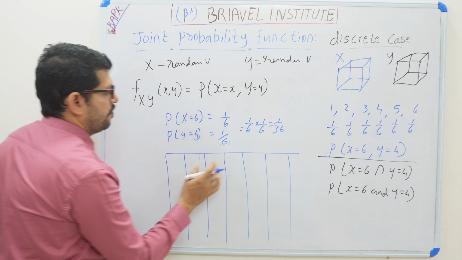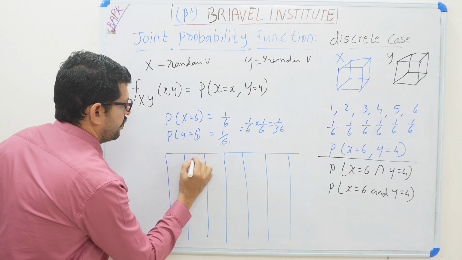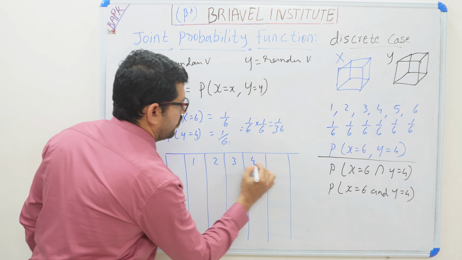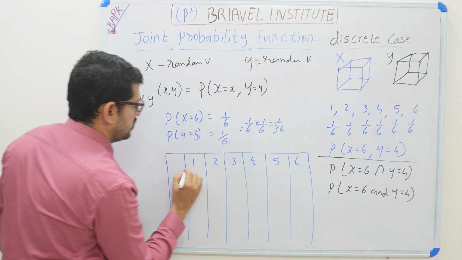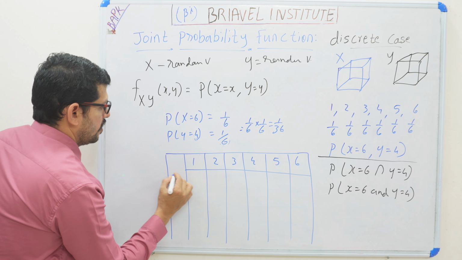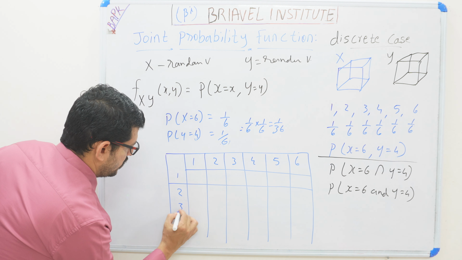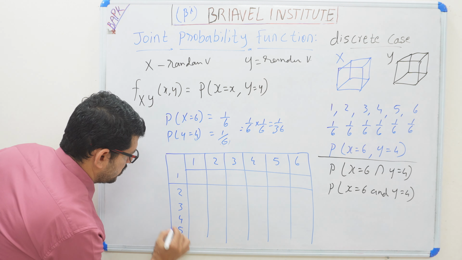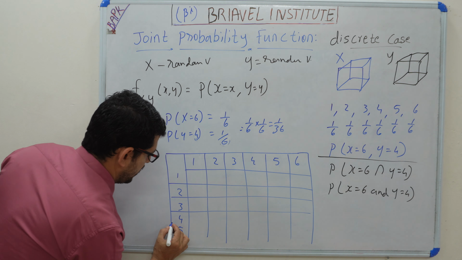We get the 36 outcomes. Here I am writing 1, 2, 3, 4, 5 and one more column 6. This is represented by 1, 2, 3, 4, 5, 6. So we get a total of 36 outcomes like that.